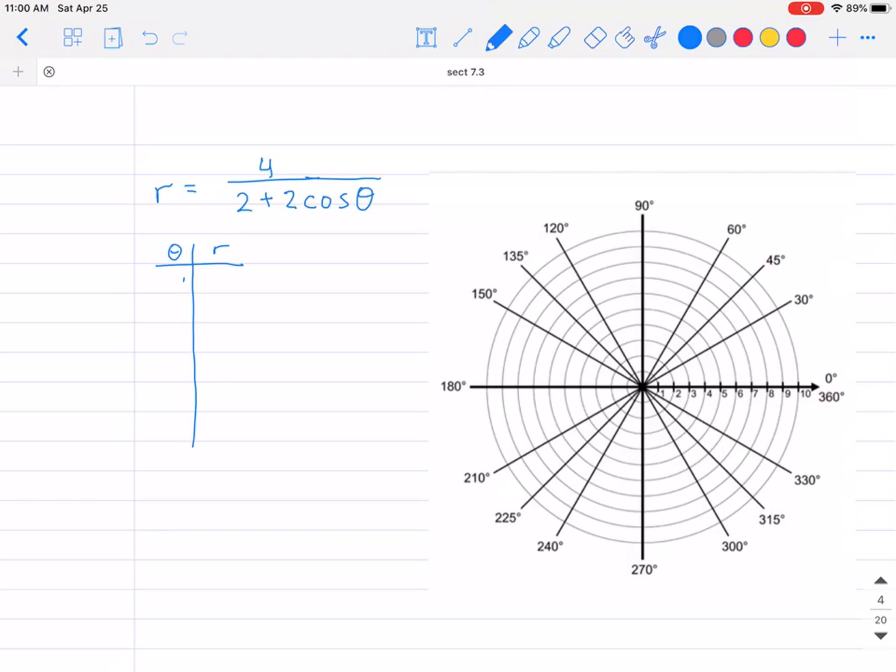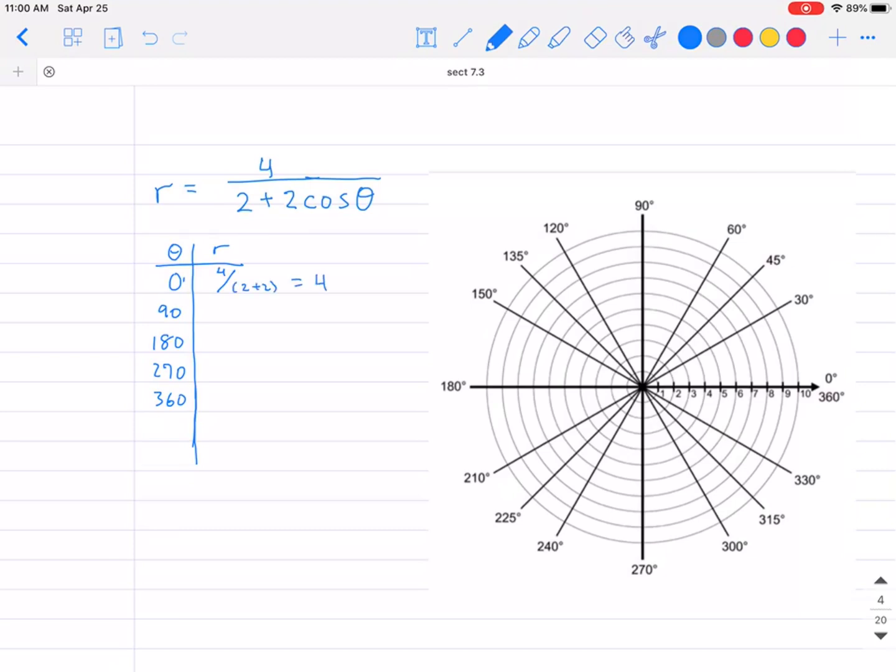We're going to plug in values of theta so we can figure things out. I'm just going to use multiples of 90 degrees, but if you want to use other ones, that's totally fine too. So we're going to use 0, 90, 180, 270, and then 360. And again, you use whatever values of theta allow you to see the graph after you connect those points.